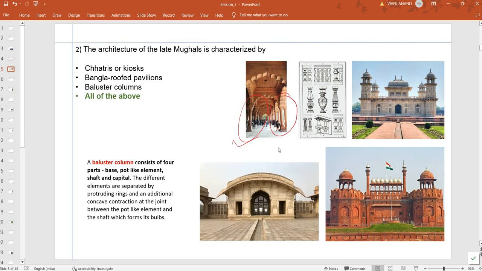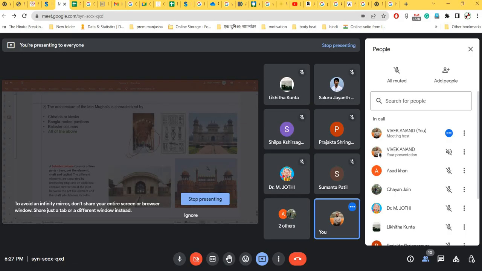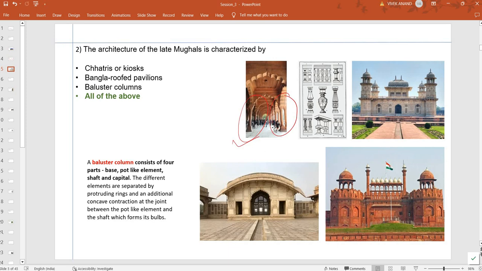Anyone, please? So these are baluster columns. You can see in this image at the bottom there is a platform, then the column goes upwards, then on top also there is a platform kind of thing to hold the weight. In this image you can see different styles of baluster columns. They are mostly used in railings.